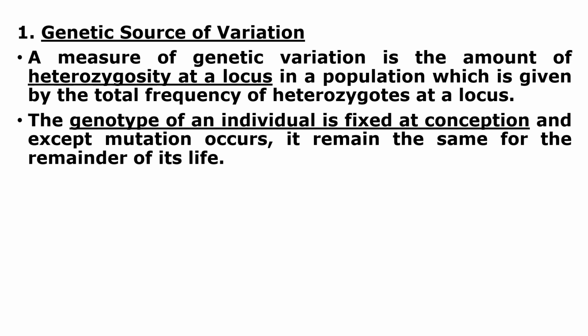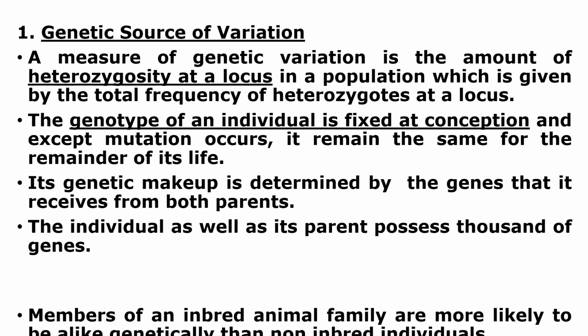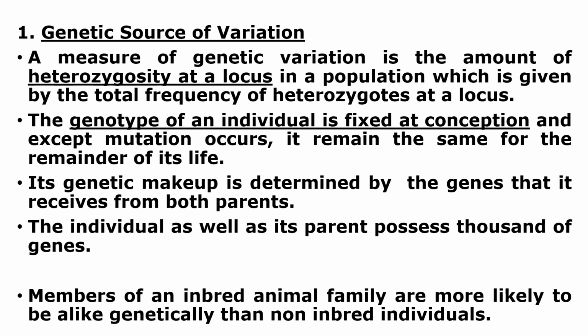One important thing to note is that the genotype of an individual is fixed at conception, and except there are extraneous situations like mutation, it is expected to remain the same for the remainder of his life. His genetic makeup is actually determined by the genes that are transferred from both parents. So the individual as well as his parents possess thousands of such genes, and it is expected that members of an inbred animal family should look more alike genetically than those that are not inbred.